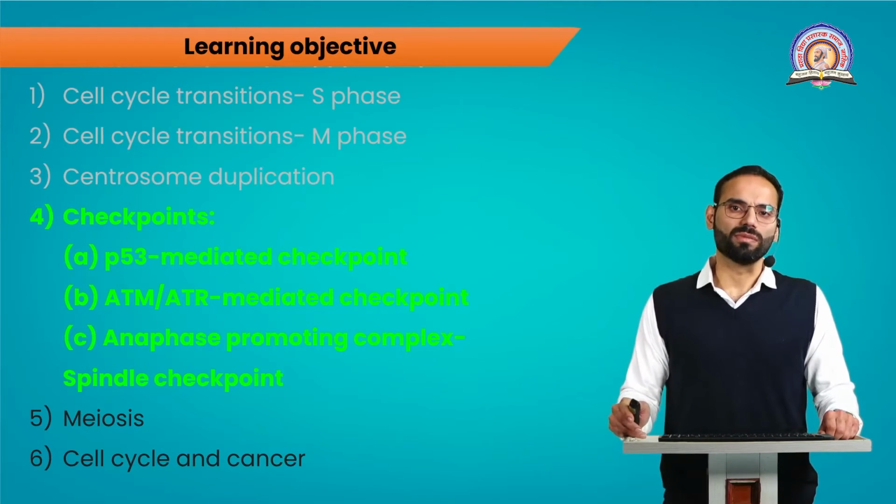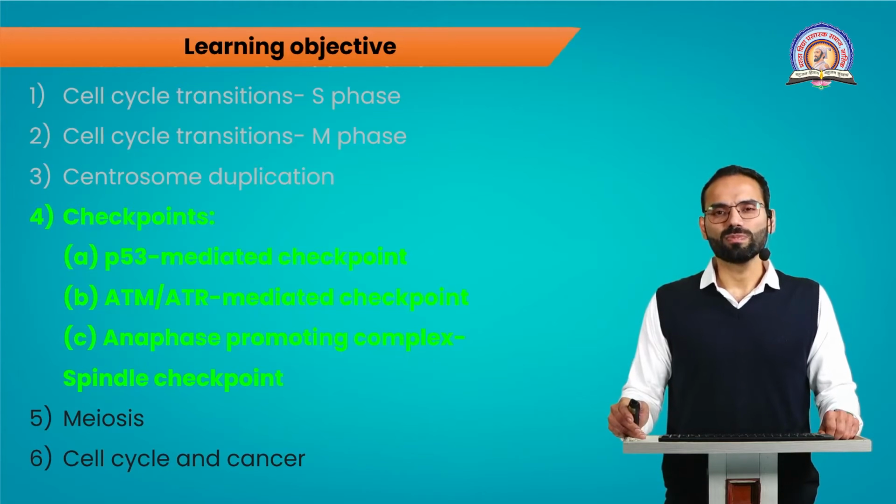And third, the spindle checkpoint, which is regulated by the anaphase promoting complex and is in turn activated by misalignment of the chromosomes at the equator and their binding with respect to the kinetochore and the respective microtubules.